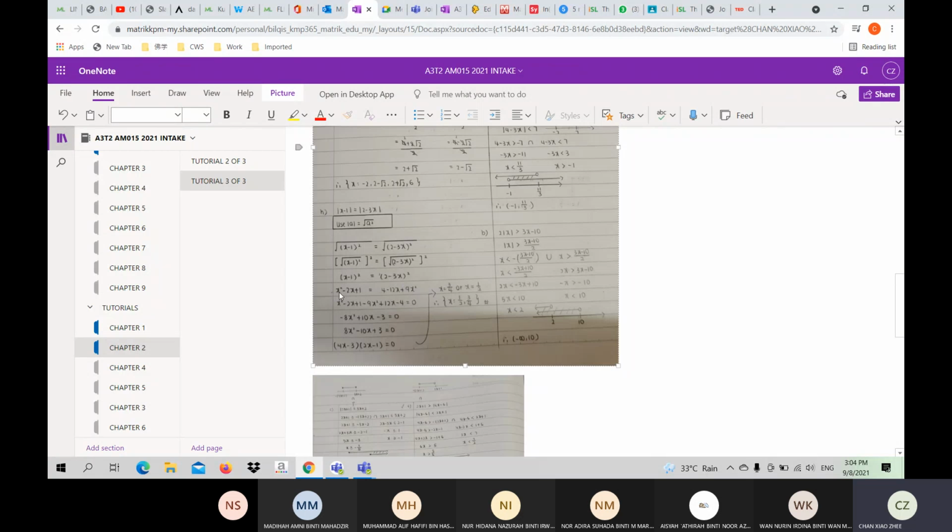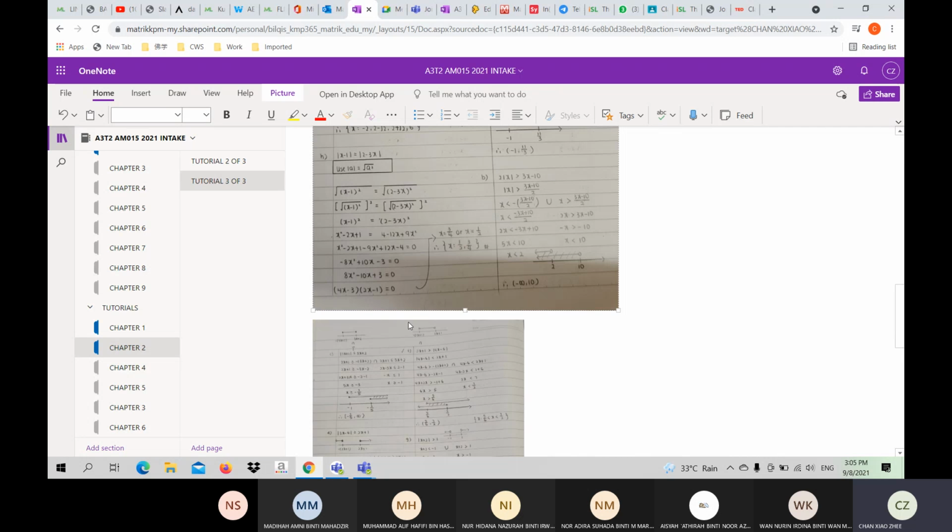Expand akan jadi x square minus 2x plus 1 equals to 4 minus 12x plus 9x square. Then kamu pindah yang di right hand side ke left hand side untuk form satu general equation, and you will get negative 8x square plus 10x minus 3 equals to 0.